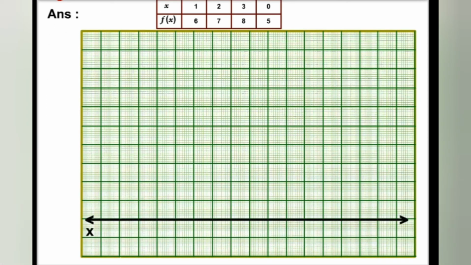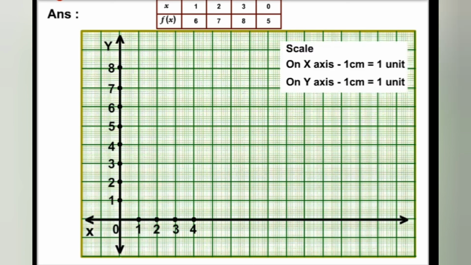Now let us draw the x-axis and y-axis. On x-axis, let us plot the points for x, and on y-axis, let us plot the points for f of x. Scale on both the axes is 1 centimeter is equal to 1 unit.